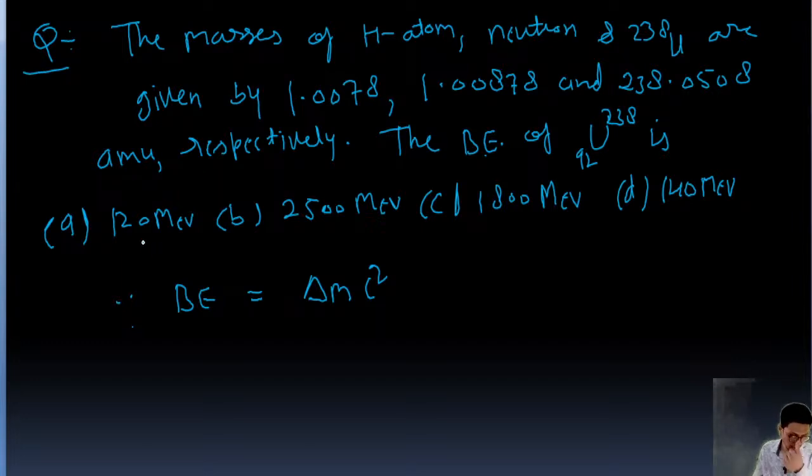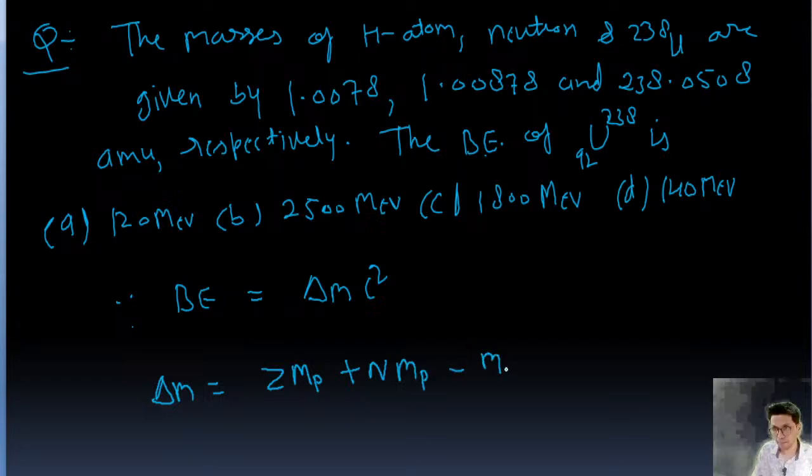So here delta M is going to be ZMP, mass of proton, plus Mn, mass of neutron, minus Mnu, the atomic mass of that uranium nucleus, right? This we know.